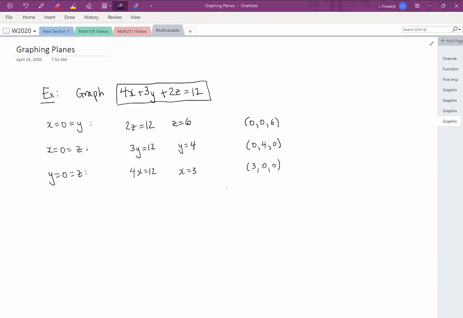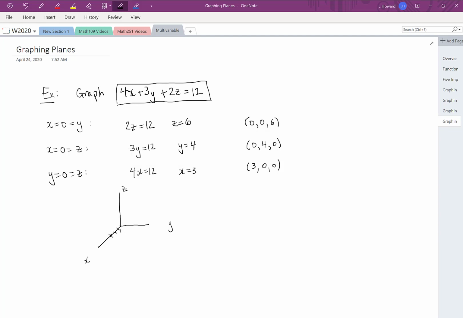So let's see if we can plot these three intercepts, and that'll give us a pretty good idea of what our plane looks like. Let's draw our usual XYZ axes. We want to come out 3 units in the x direction. If I let each tick here represent 1 unit, that's our x-intercept there.